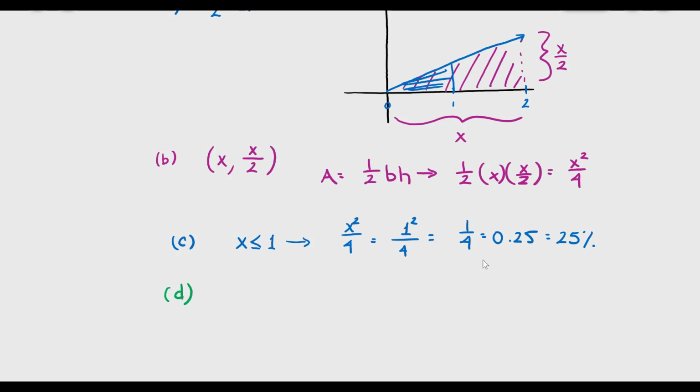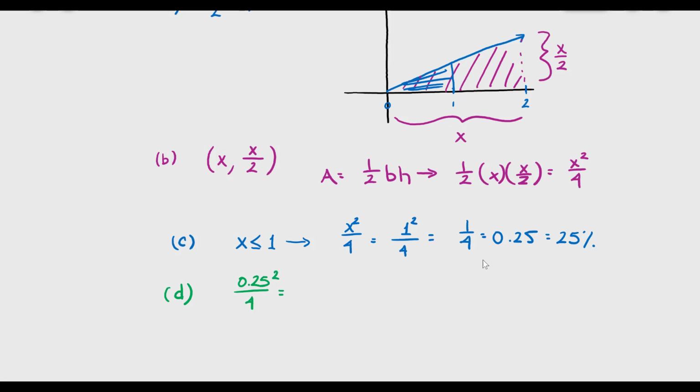Part D, between 0.25 and 1.5. So here we're going to do a range. What we have to first figure out is 0.25, put it into our area formula, and then we are going to compute that.